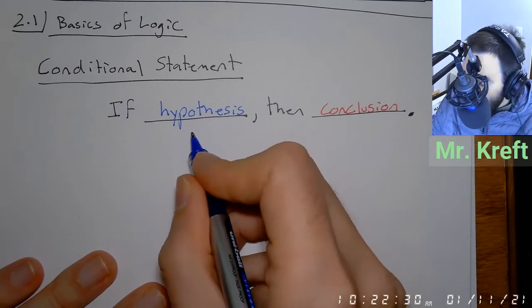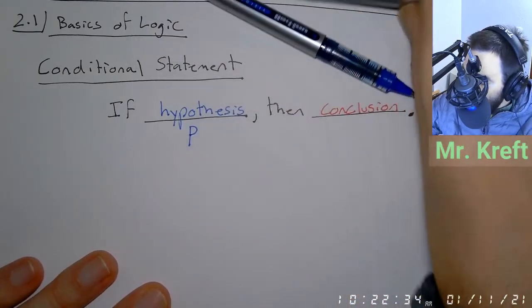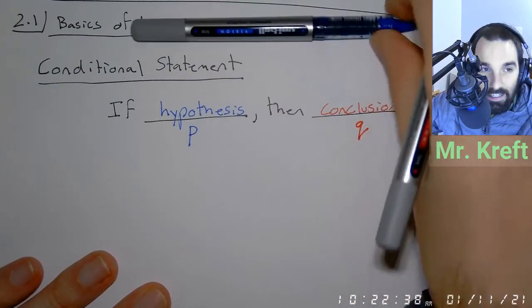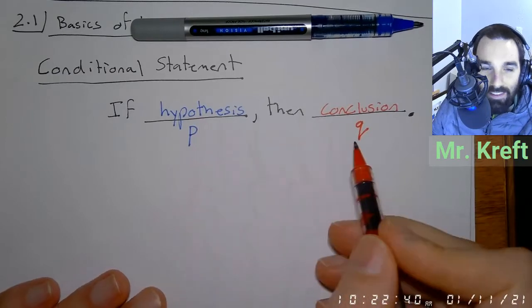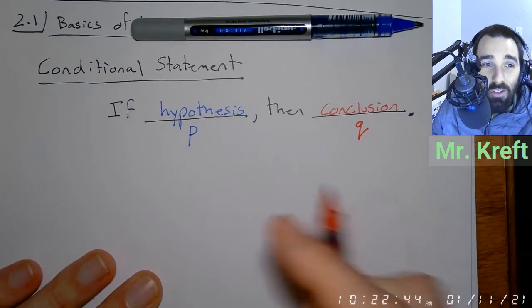Okay, so in math, we call this P, and we call this Q. Now you might be thinking like, okay, P, I get there's a P in hypothesis, but why Q? Guys, this predates English, okay?